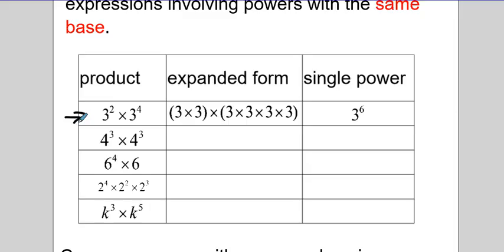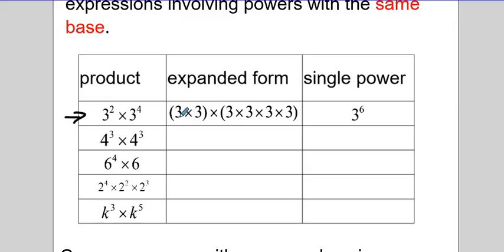So just to derive the rule, we're going to rewrite the exponent form in the expanded form. So 3 to the power 2 would be the same as 3 times 3. And 3 to the power 4 is the same as 3 times 3 times 3 times 3. Overall, this is just one big expanded form.